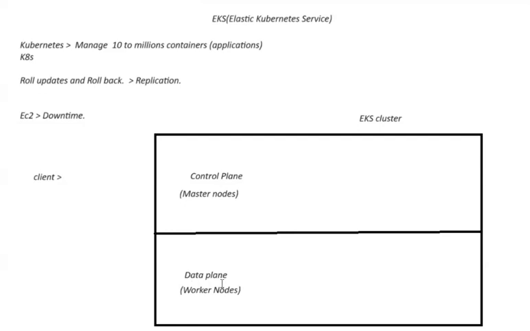In the normal scenario, before EKS comes into the picture, we need to create our master nodes as well as our worker nodes. This whole thing is the Kubernetes cluster architecture.